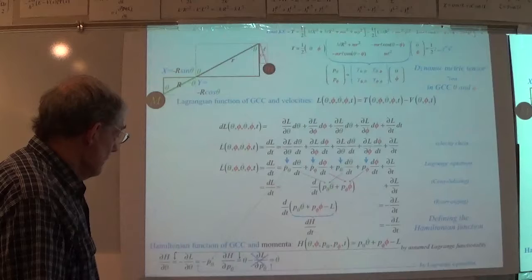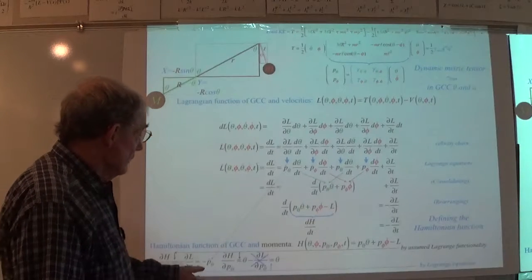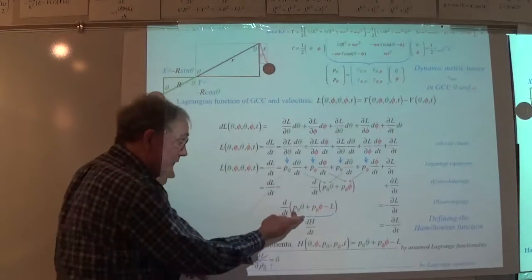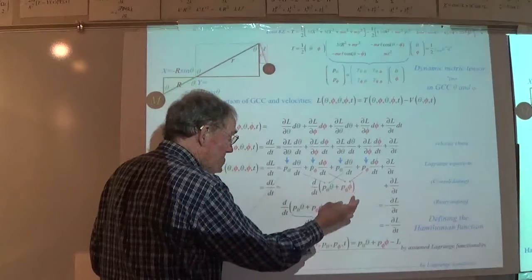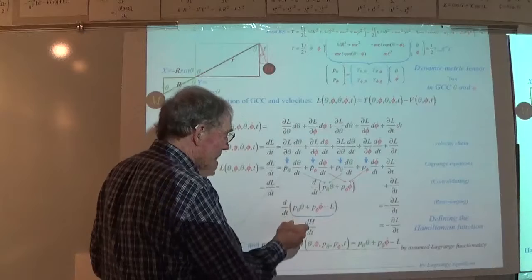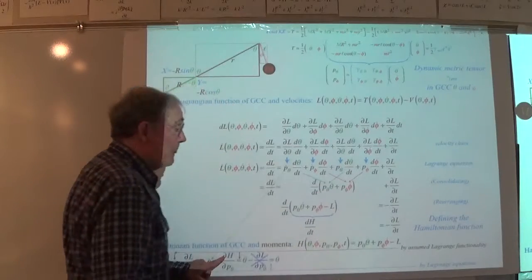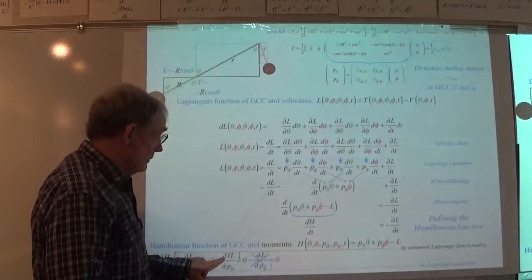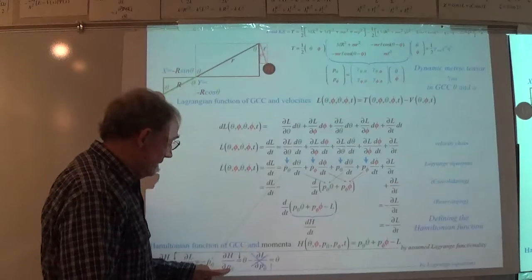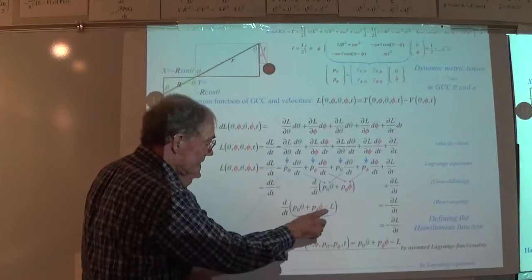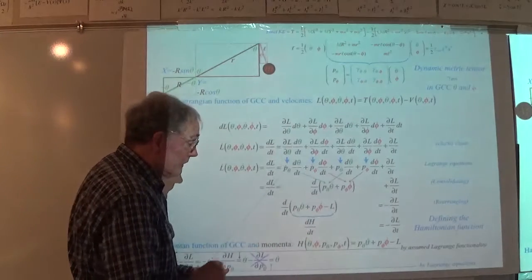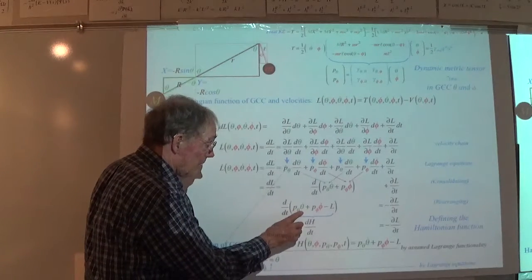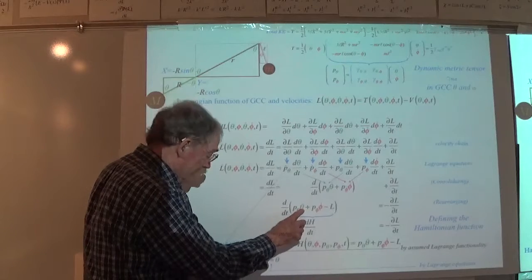Now, the idea is that the partial derivative of this thing right here, the thing we're calling H, this is the whole H right here, and this is just its first part. The partial derivative of that with respect to p theta, the only thing I see there is the theta dot.